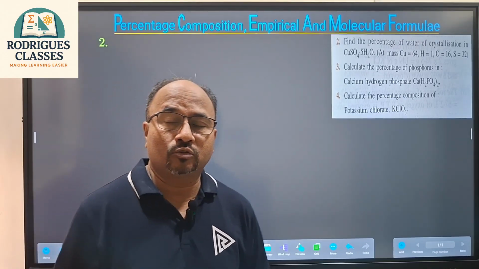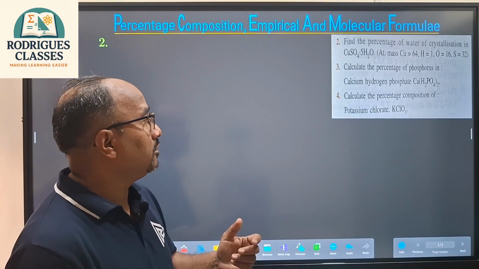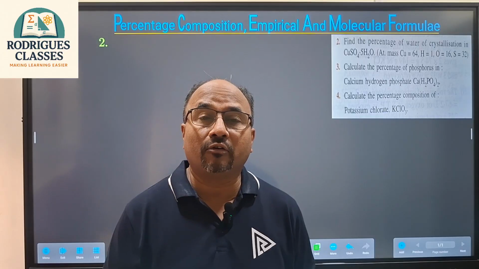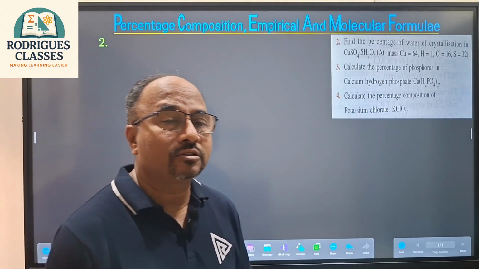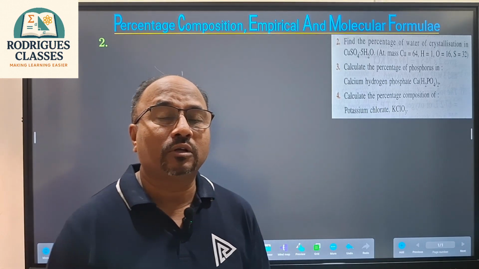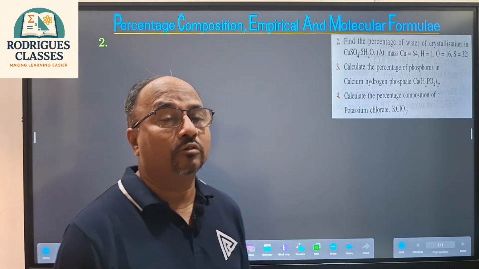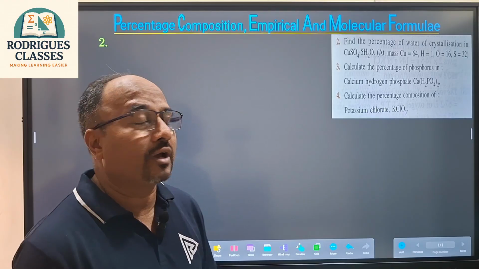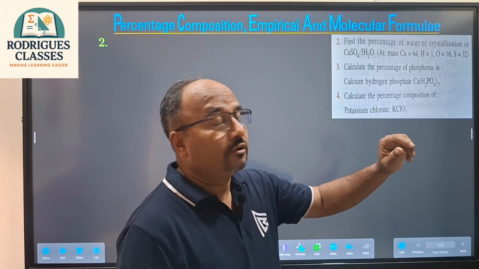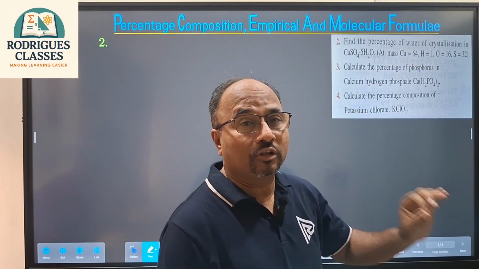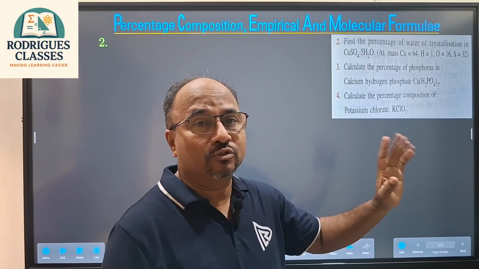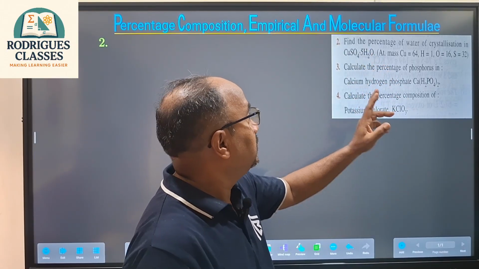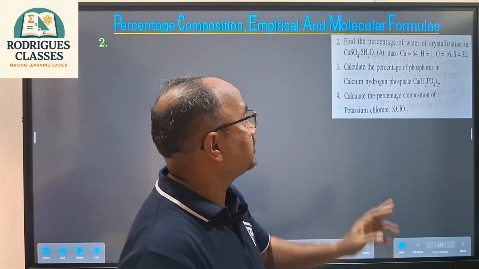Now in questions 2, 3 and 4, we will be seeing the calculation of finding the percentage composition of the elements in a particular compound. Let us take a look at numerical number 2. Find the percentage of water of crystallization. It means in the formula CuSO4·5H2O, the percentage of the 5H2O.